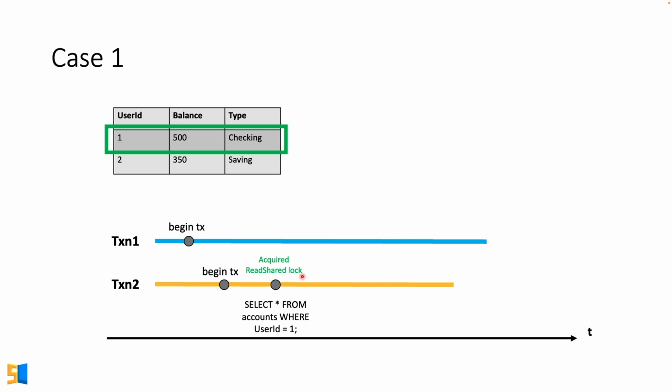Because it reads from the table. In this case, it will lock these 3 cells because it used star over here. Then transaction 1 tries to update accounts set balance 100 where user ID 1. So this update operation will be saved in the buffer.